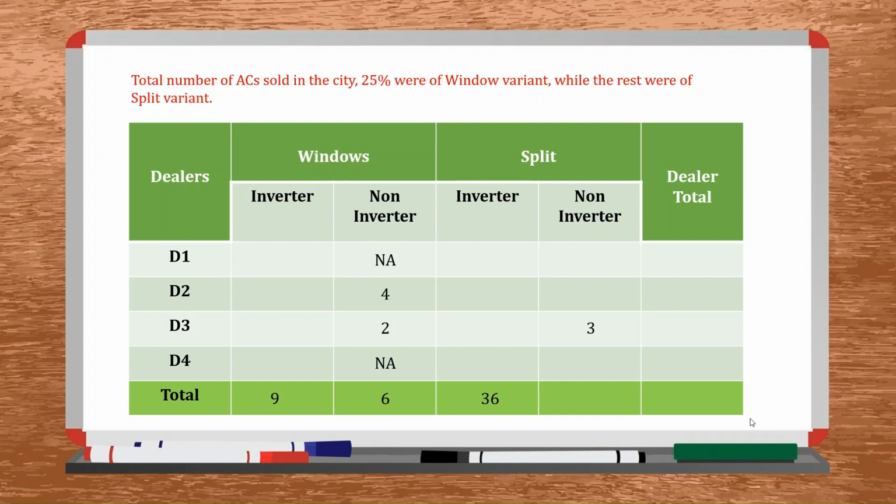Similarly, out of the entire city, 25% are of the window variant, which is 15, while the rest is the split variant. That means 45 would be the split variant. If 45 is the split variant, 9 would be non-inverter, because 36 is the inverter type. So we now have the totals of all the window and split categories.